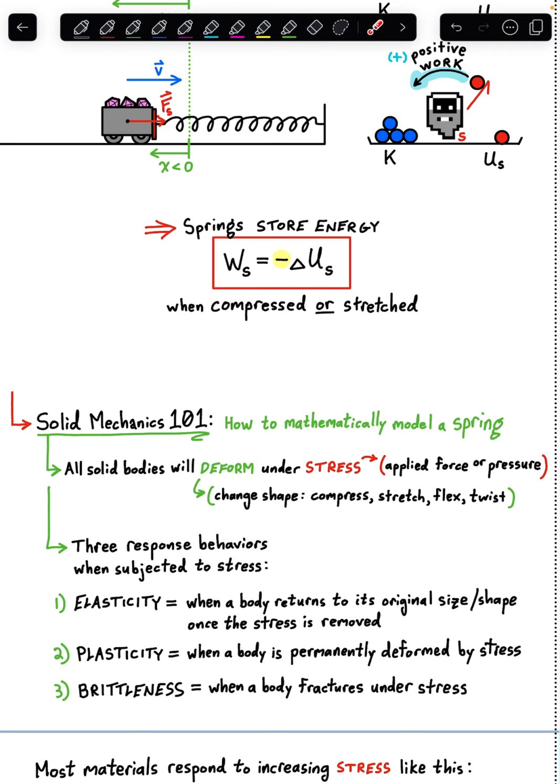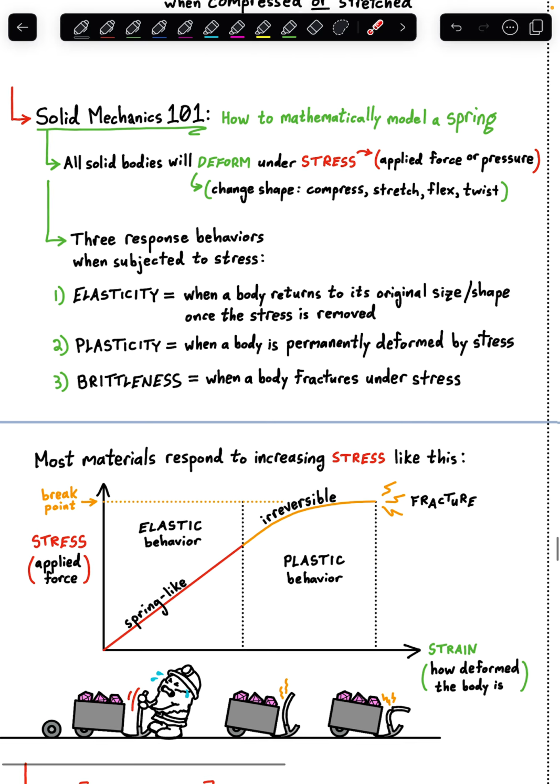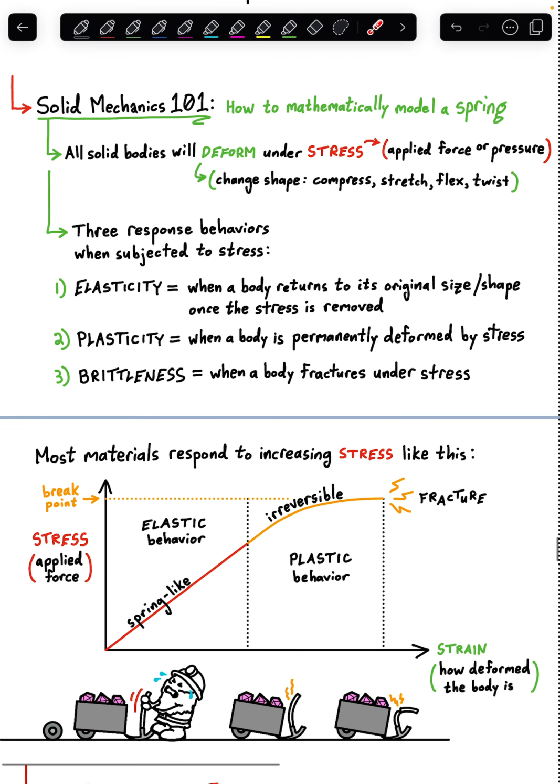Most materials are going to respond to increasing stress like this graph shows here. Here we have stress graphed against strain. This is a stress versus strain diagram showing the stress applied to a body, that's like the applied force, as a function of how much strain or deformation the body undergoes.